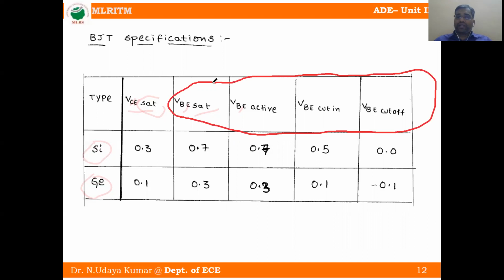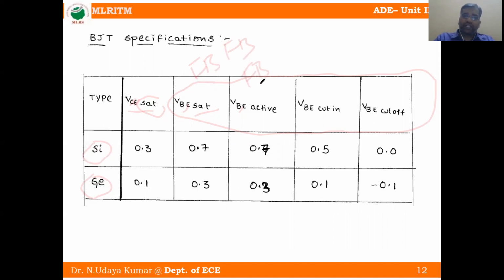How do they appear? Saturation means both junctions are forward biased. Active means the first junction is forward biased and the second junction is reverse biased.